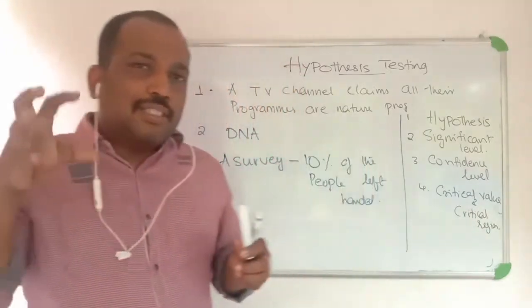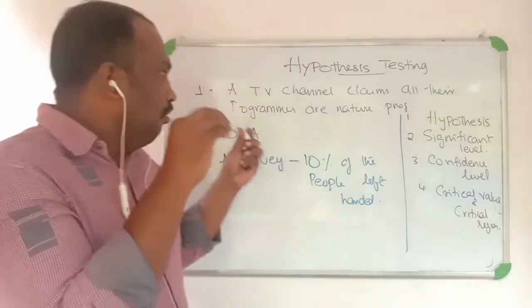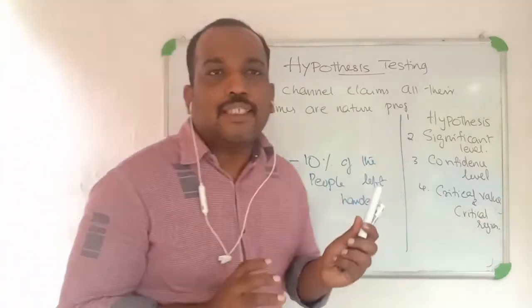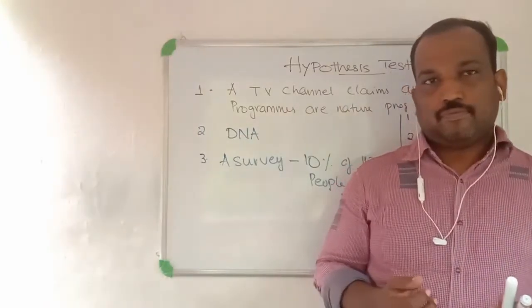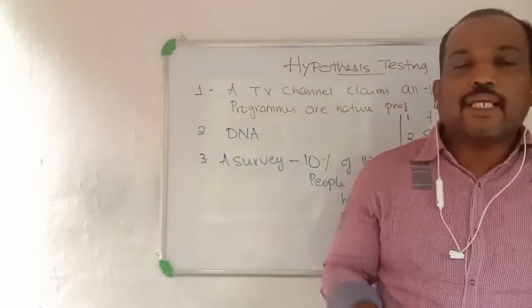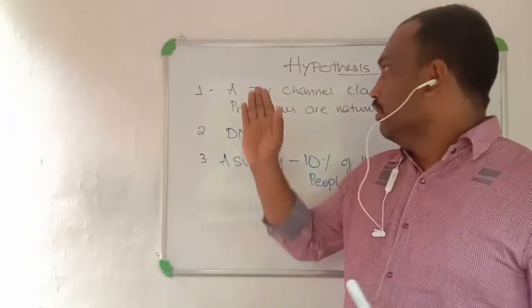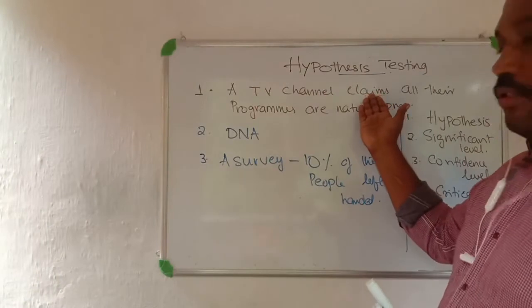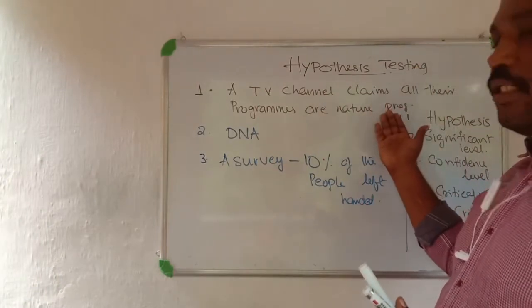So from all these examples, you could find something. All these examples or statements are about to claim something. A TV channel claims that all the programs are nature programs.